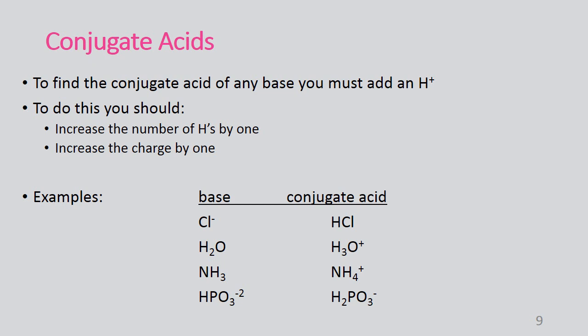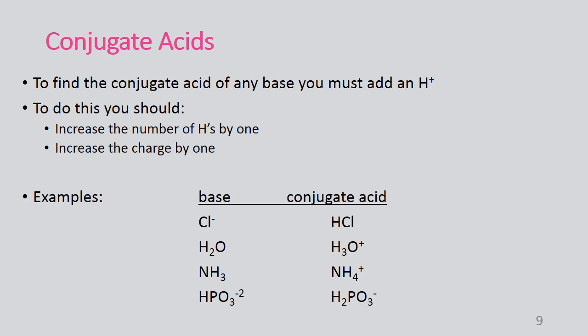NH3, we add an H, NH4 plus, and we increase the charge by 1, so that's where the plus comes from. HPO3 is a -2. If we increase the number of H's, it becomes H2PO3, and then if we increase the charge, it goes from -2 to -1.